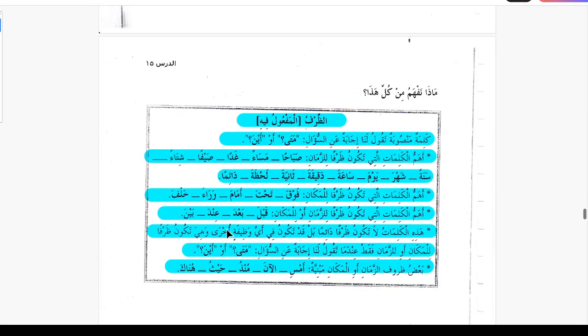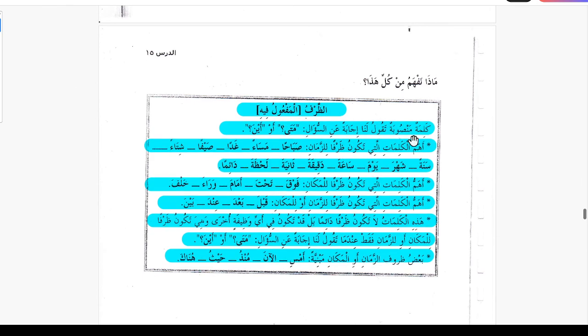Okay, so this is the overall summary of the adverb, which is also called maf'ul fihi. So an adverb is a mansub word which tells us the answer to the question mata or ayna.